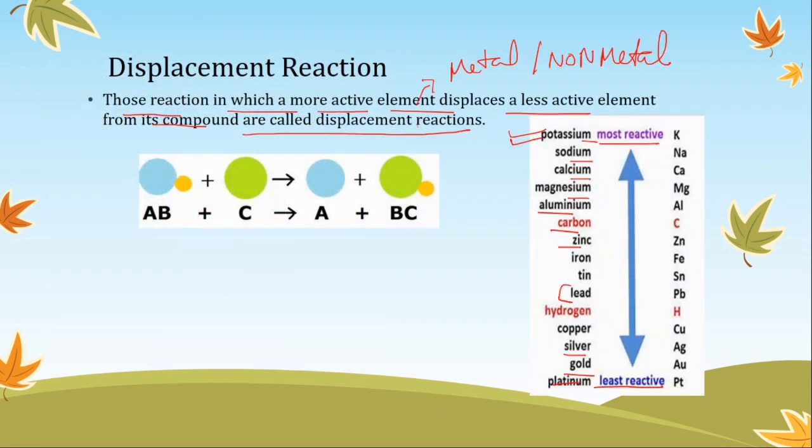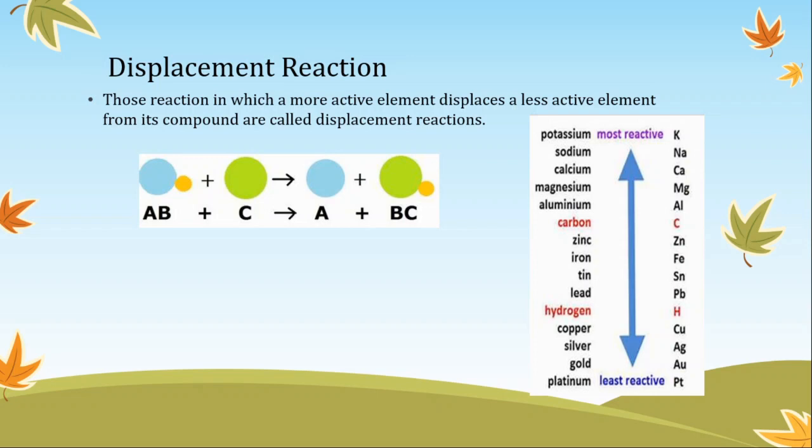Let's move to the activity series. Now in this activity series, as we have seen the reaction between copper sulfate and iron, there was the formation of copper plus FeSO4.